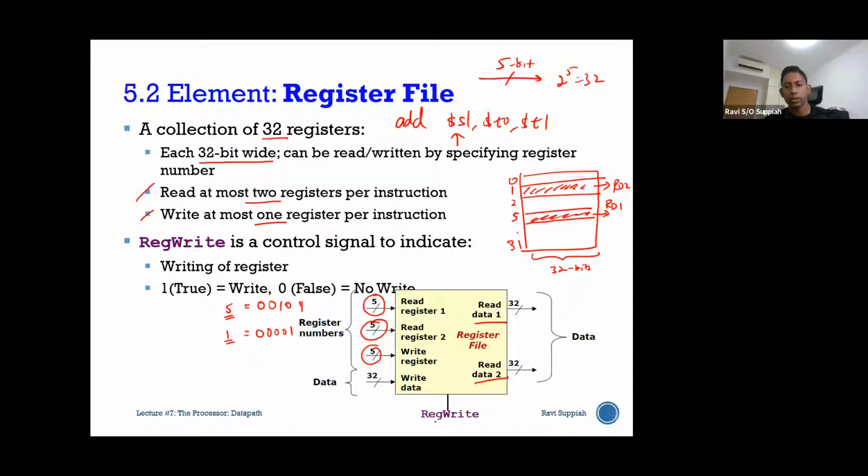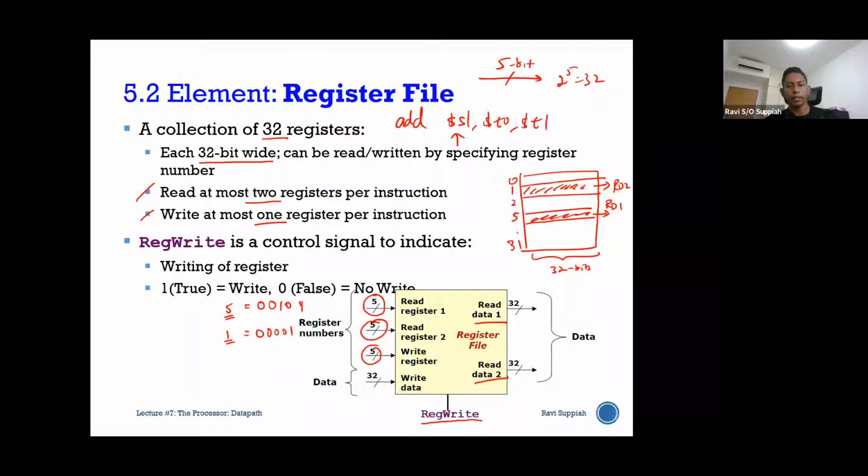One of the control signals is this pin called register write. This control signal tells this block that when I finish everything, I will be required to perform a write operation to one of the registers.